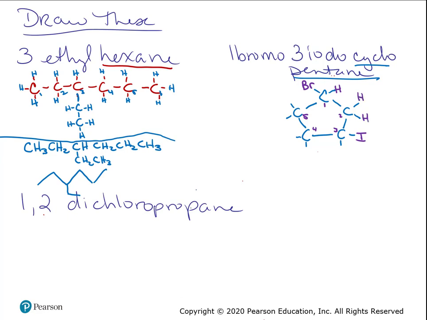So if I was drawing a true Lewis structure, I would add all of that. Now, if I was going to do it as a condensed structural formula, I would still have the carbons in that ring, but I would just write how many hydrogens were attached to each of those carbons. So carbon 1 would be what?